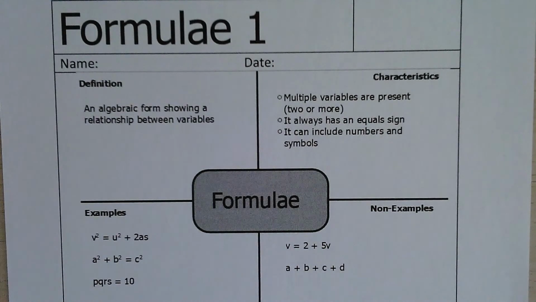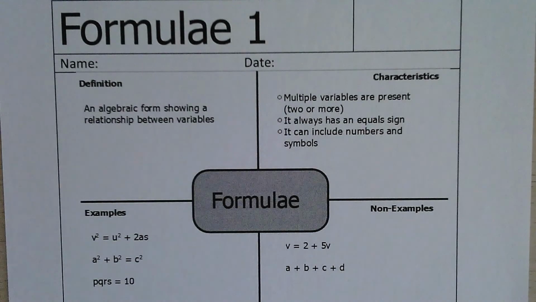So if we have a look at some formulae, here we have a formula that's v squared equals u squared plus 2as. This is a formula because it's got an equal sign and there is more than one variable. Here we have four variables, v, u, a and s.